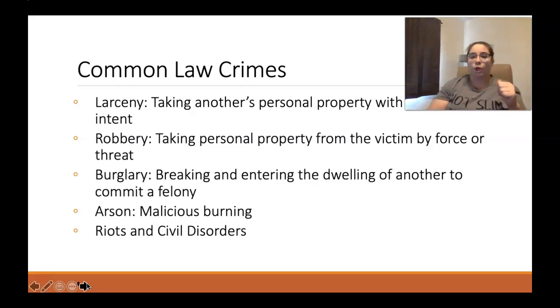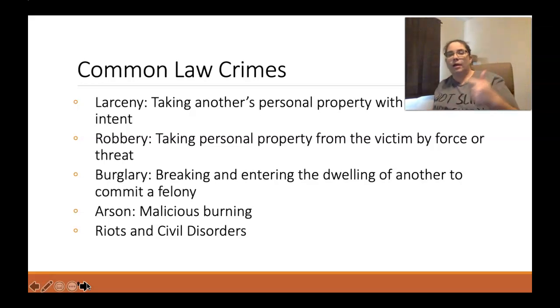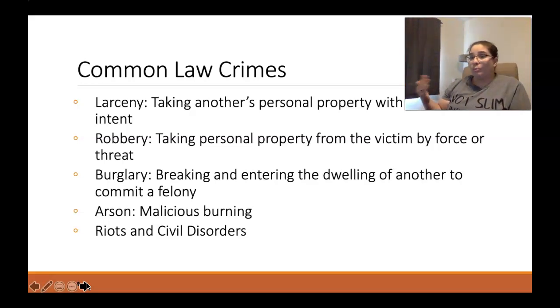Like things like larceny, the taking of another person's property, robbery, taking of property from somebody by force, burglary, breaking into and entering into the dwelling or building of another with the intent to commit a theft or a felony therein. Malicious burning is arson. So all of those were crimes before we wrote them down. And so basically what we did was we took those common law, criminal law understandings and we converted them into statutory penal code violations.